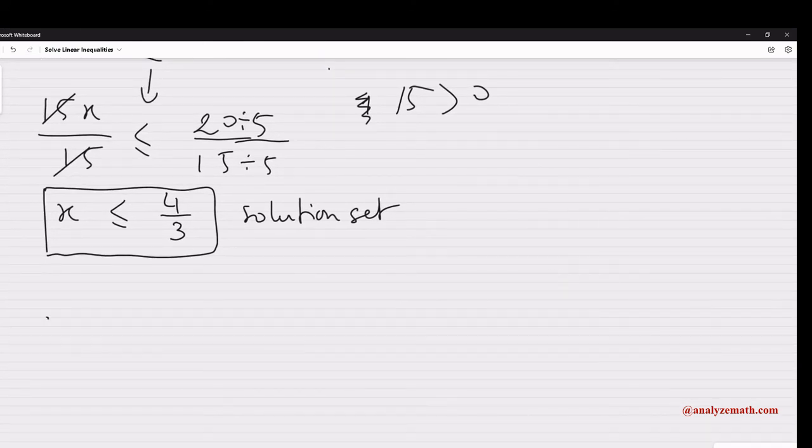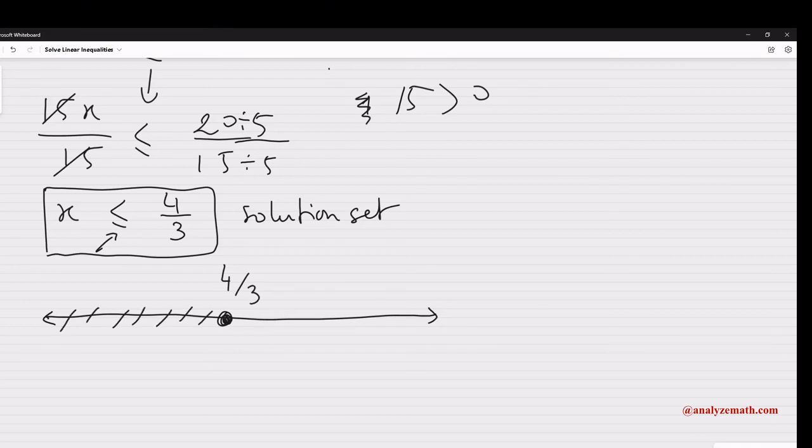Number line. There is an equal here, so closed circle. That means 4 over 3 is included in the solution set. And then we also take the values that are less than. So equal is for the closed circle, and less than are these numbers.